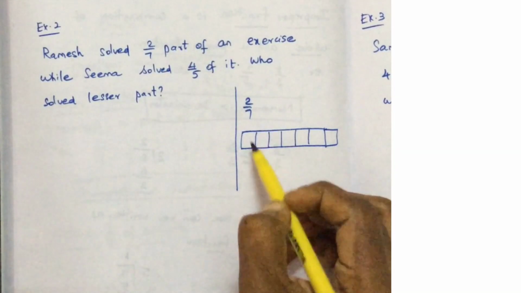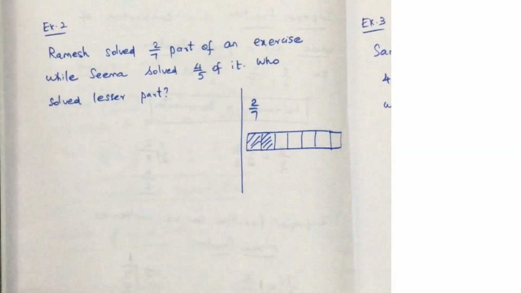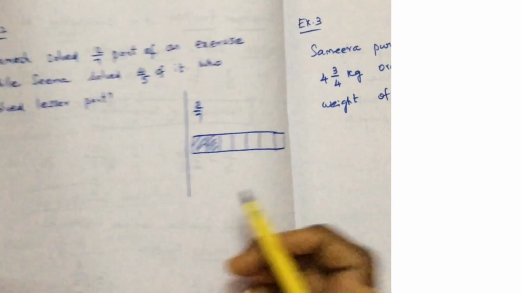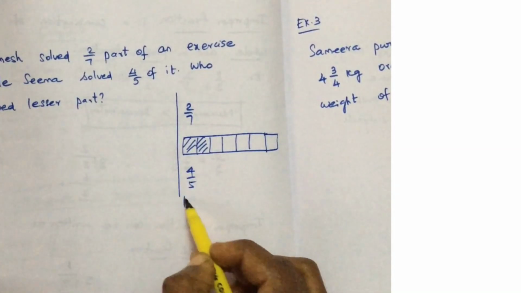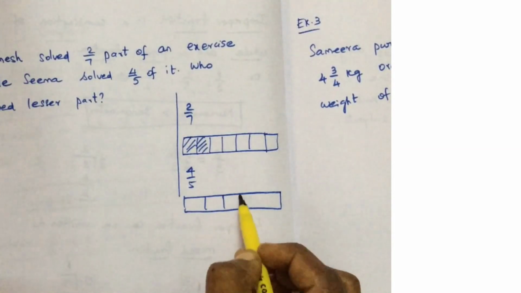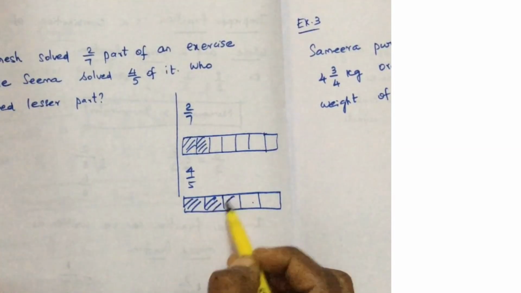Okay, this 2 by 7 is this part. Then what is this 4 by 5? If I take the same thing, 1, 2, 3, 4, 5. This is 4 by 5.